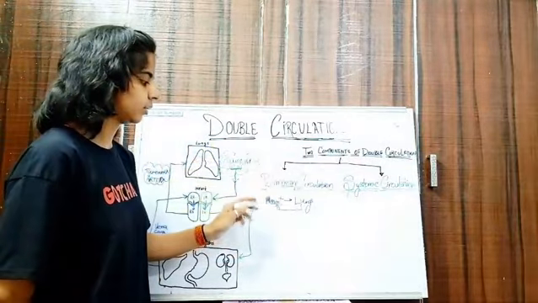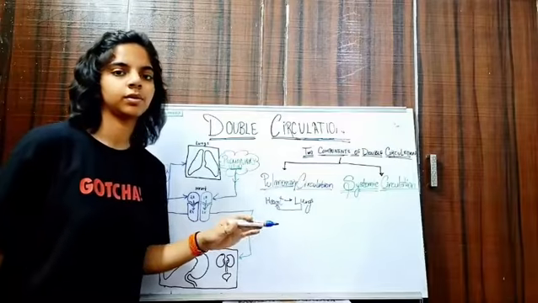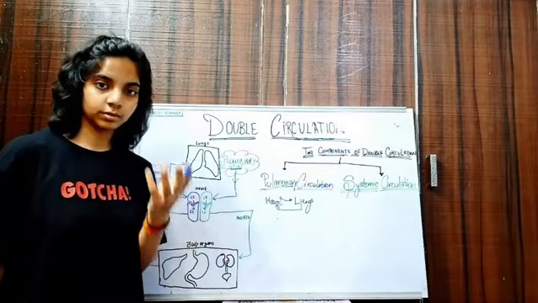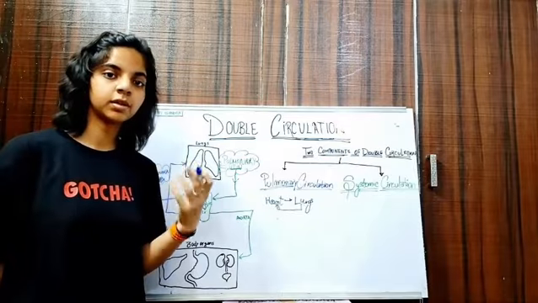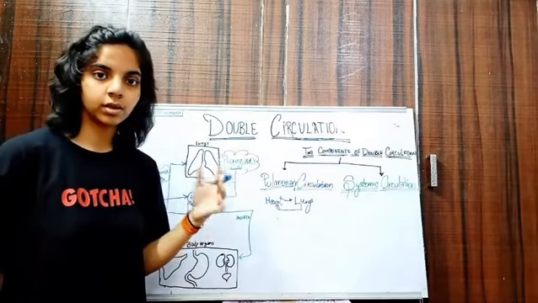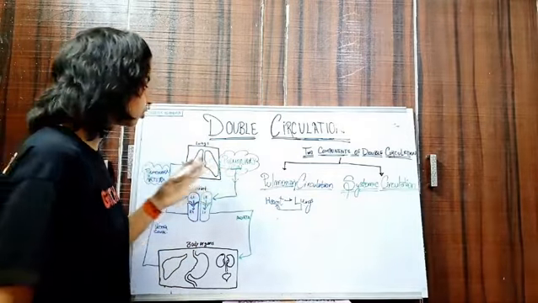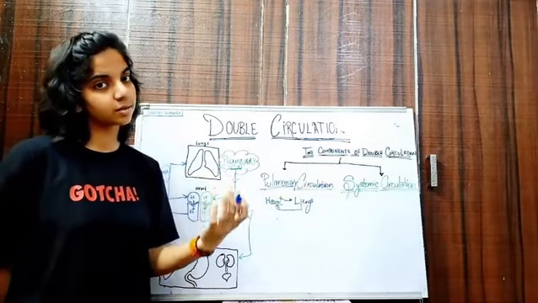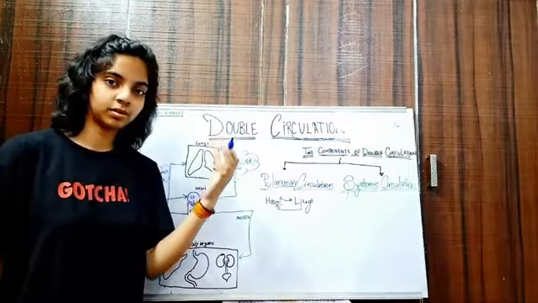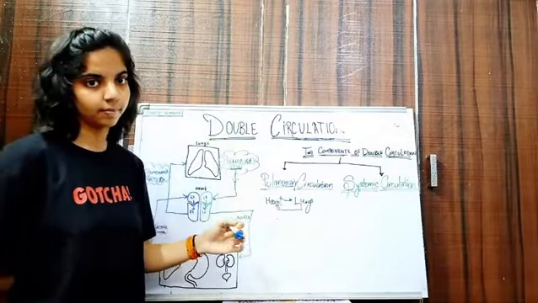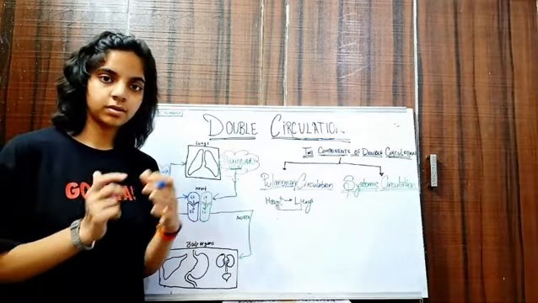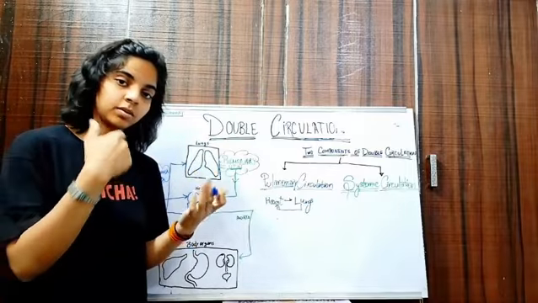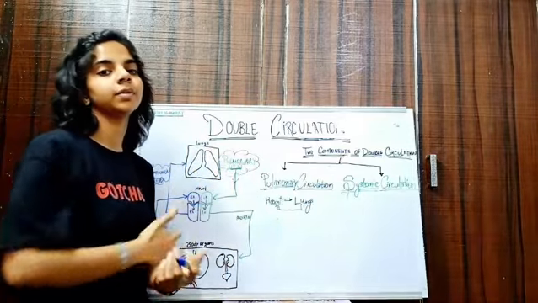ये है हमारा pulmonary circulation, जिसमें lungs involve है, जिसमें lungs participate कर रहे हैं circulation में. Means lungs role play कर रहे हैं. उतना जो part है कि हमारा deoxygenated blood heart से lungs में जा रहा है और again back from lungs से heart में आ रहा है. Oxygenation हो रहा है और फिर again lungs से heart में वापस आ रहा है.